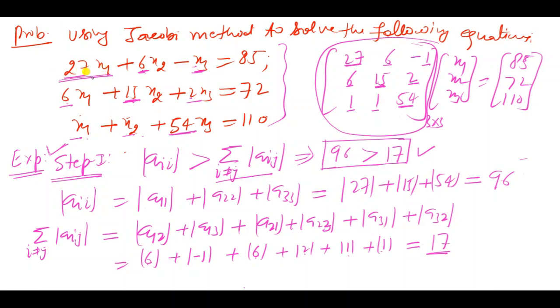So x1 is equal to, taking the coefficient to the numerator, 1 upon 27 times (85 minus 6 x2^(k) plus x3^(k)).